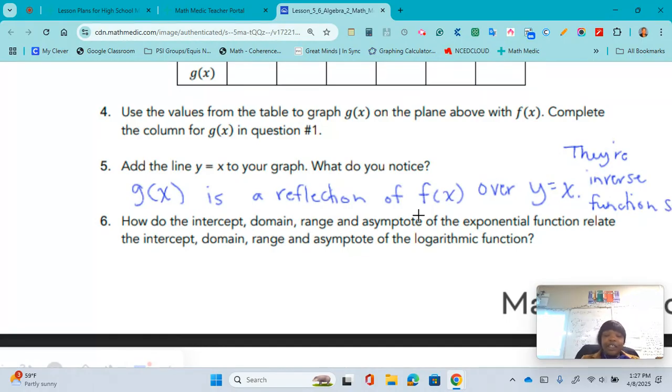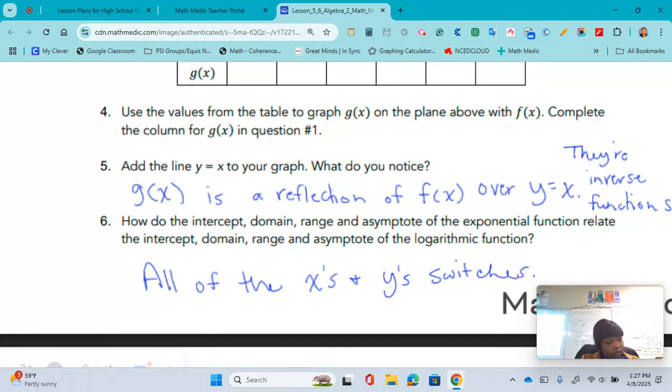And how do the intercept, domain, range, and asymptote of the exponential function relate to the intercept, domain, range, and asymptote of the logarithmic function? All of the x's and y's switch. Inputs become the outputs, and outputs become the inputs.